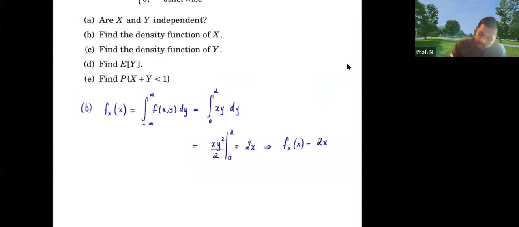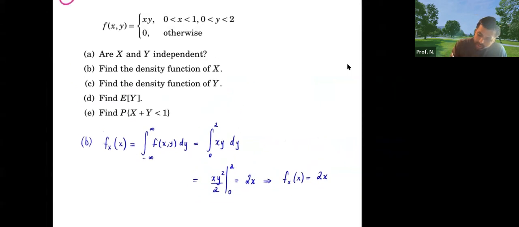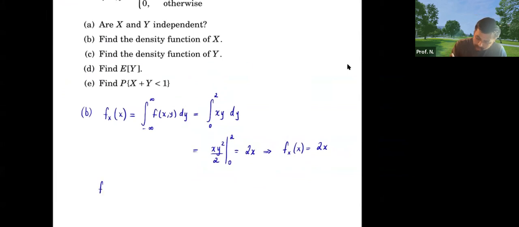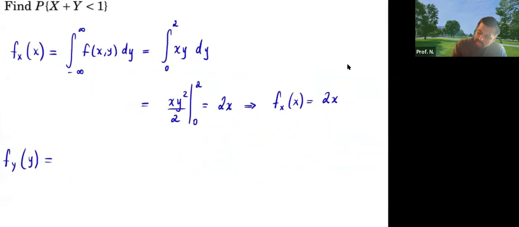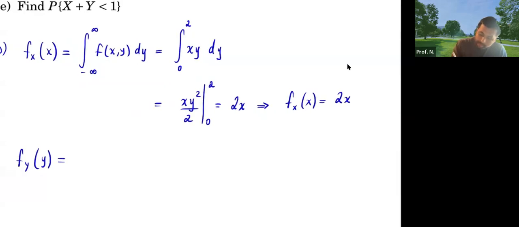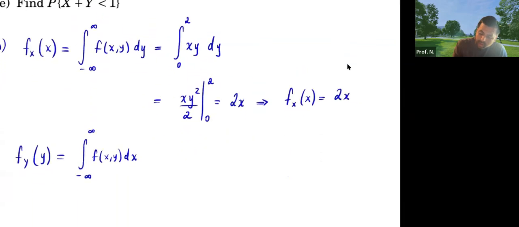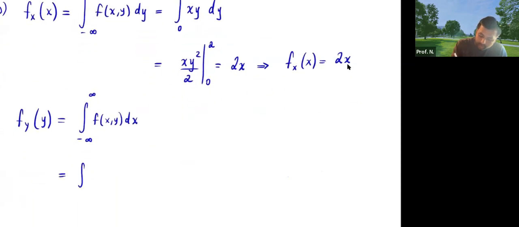Okay, and so then what about f of y? F of y, the integral from negative infinity to infinity of f of x y dx. And dx goes from 0 to 1 of xy dx.